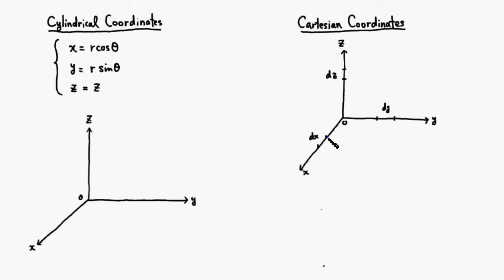Let's see. So just like the polar coordinate system, the rectangular coordinate system, you have that, but you're actually going to go up. Let's see, what's the best way to draw this? Maybe I should just draw a box here.